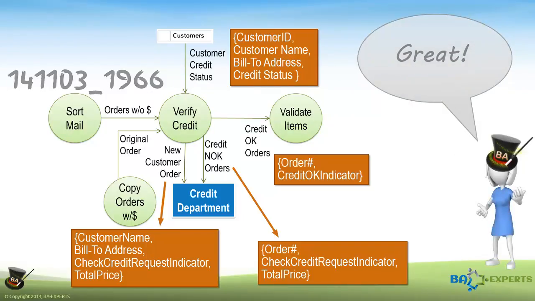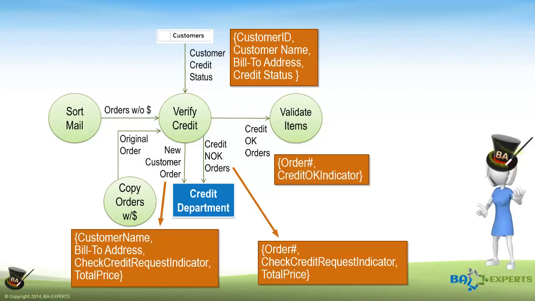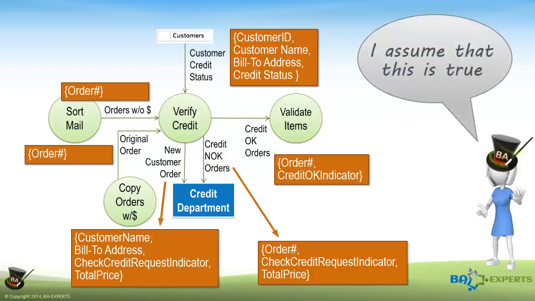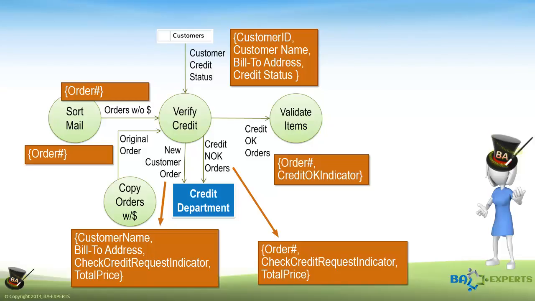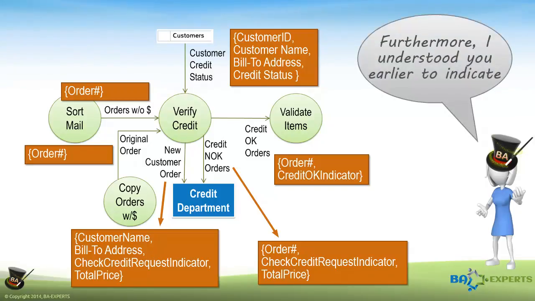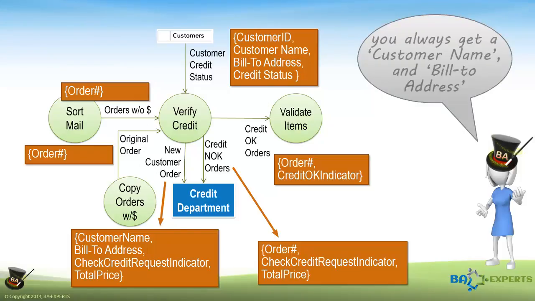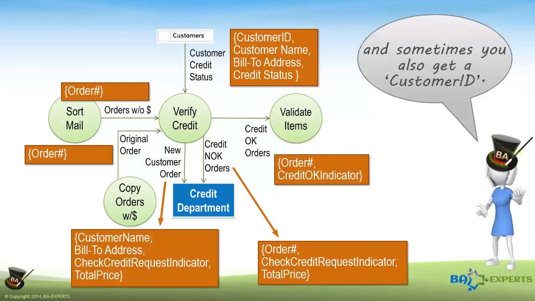Great. I write order number beneath the data flow labels orders without payment and original order and add, "I assume that this is true whether the order had any payment attached or not, correct?" Paul confirms my assumption. "Furthermore, I understood you earlier to indicate that you always get a customer name and bill to address from the order, and sometimes you also get a customer ID."